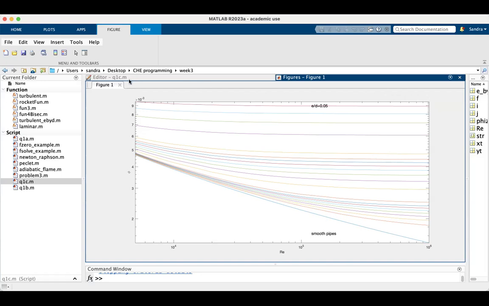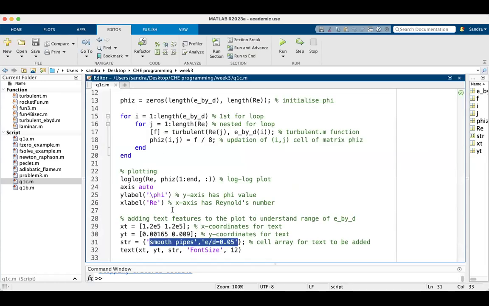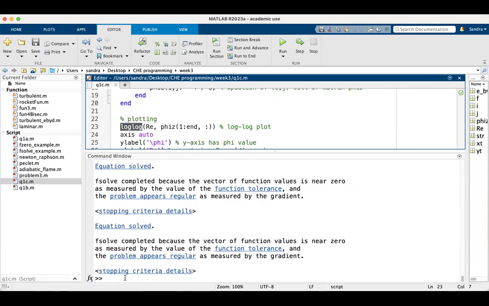Yeah, the loglog plot syntax is like this. You can go to MATLAB and type clc, help loglog, sorry, there is no space, so that you'll get an idea of it.